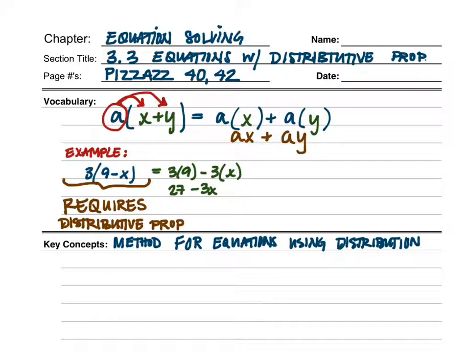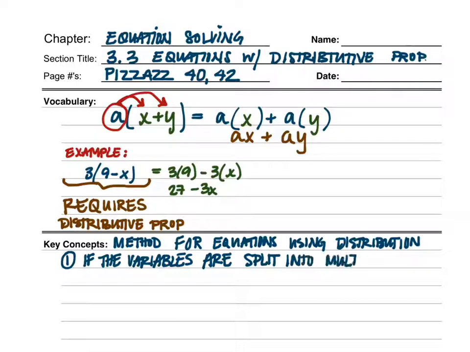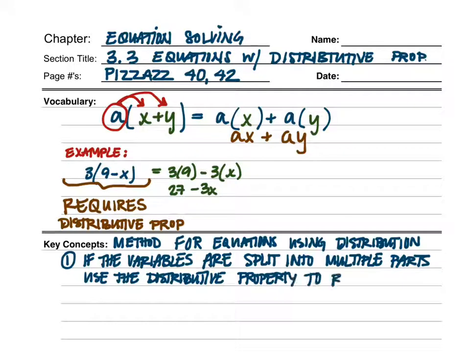After we've got this title for the method, we're going to write down the first step. So if the variables are split into multiple parts, so perhaps we have to combine some terms, we're going to want to use the distributive property to remove the parentheses.